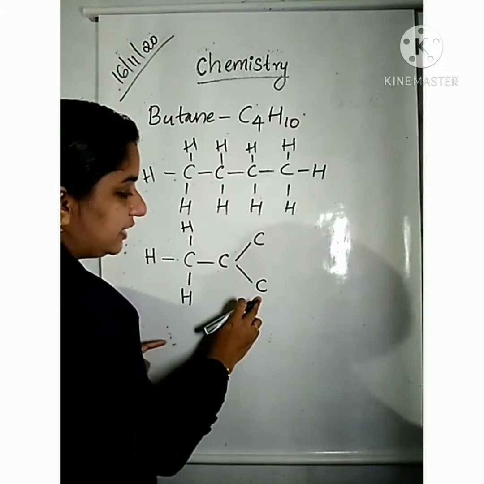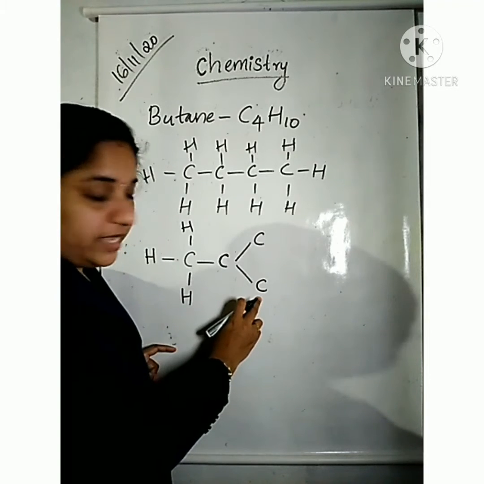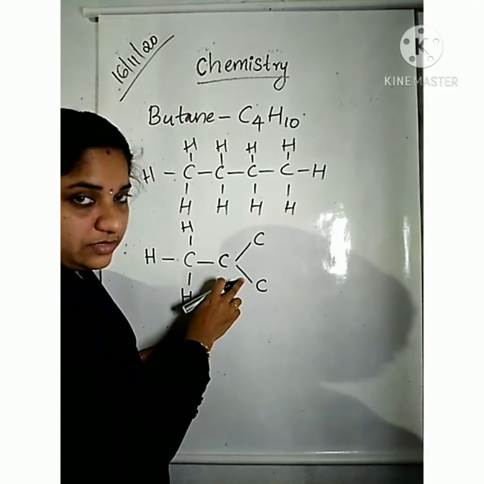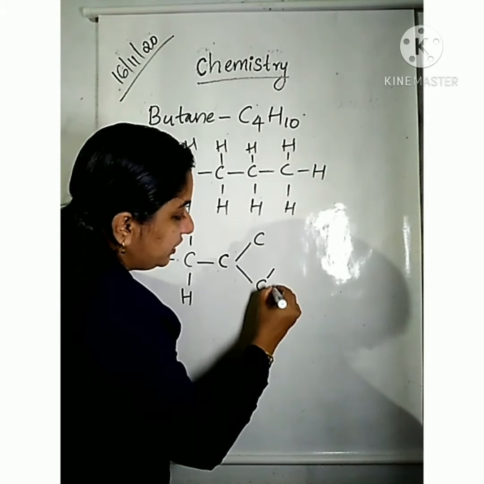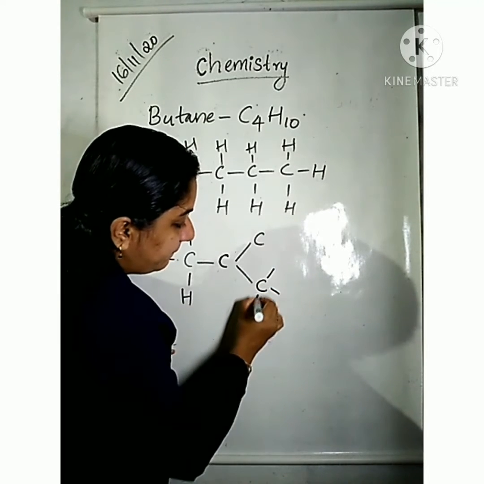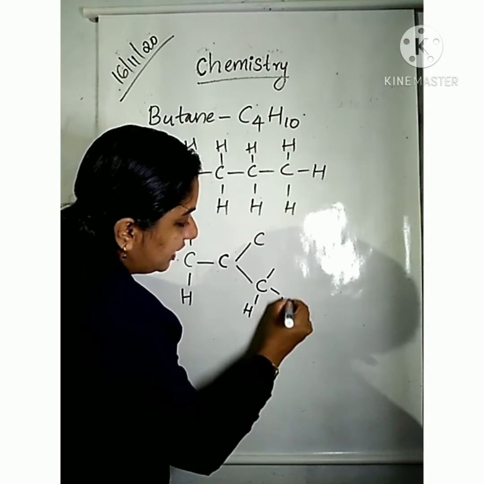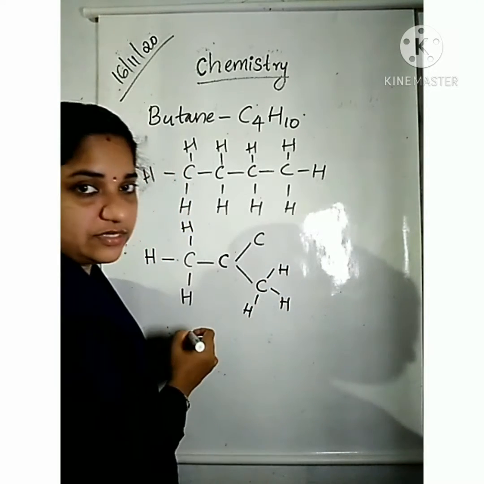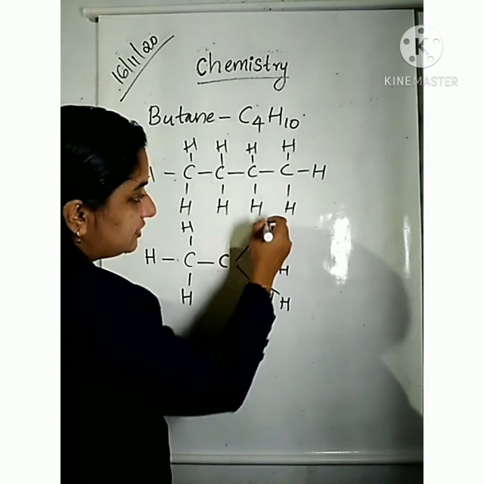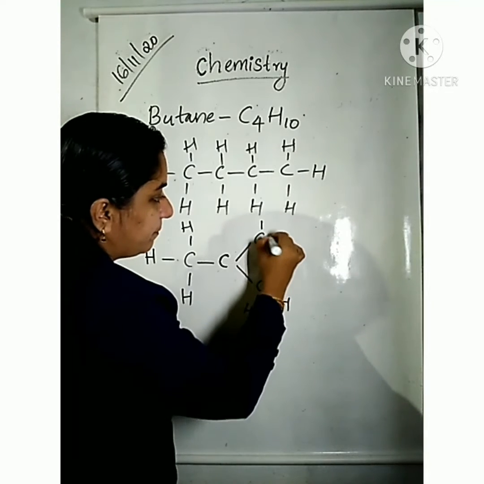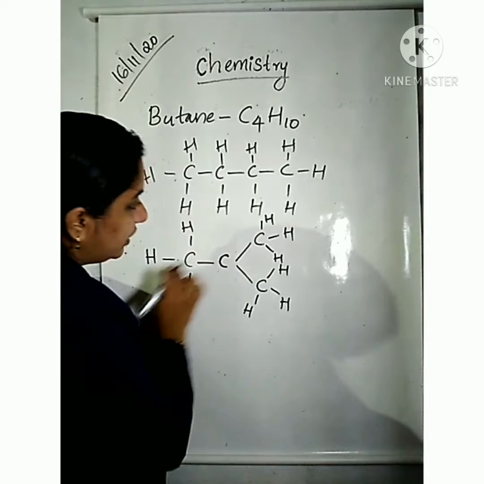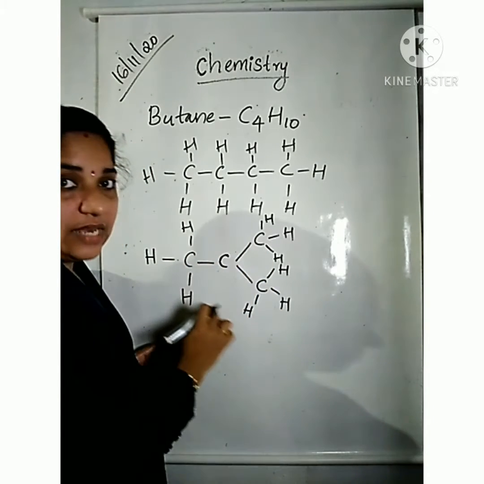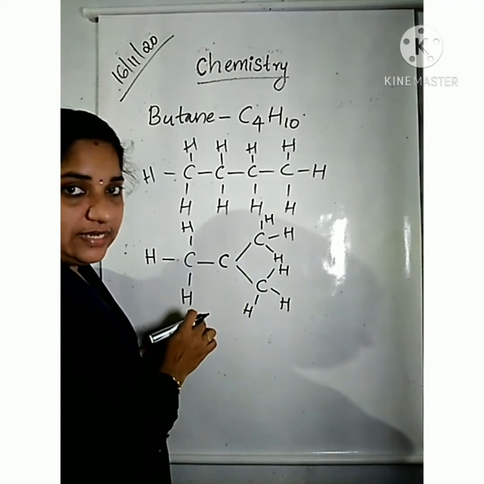Then check another carbon atom. Here also one bond, so here also need 3 hydrogen atoms. Look here, this is also in the same way. So 1, 2, 3, these 3 carbon atoms satisfied their valencies.